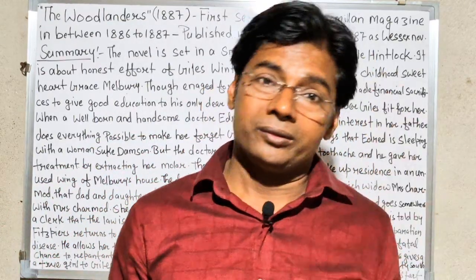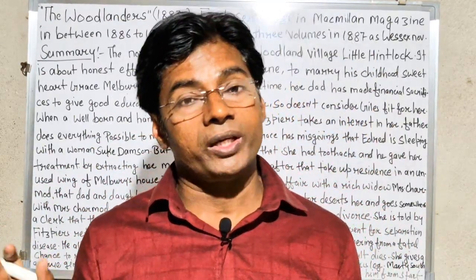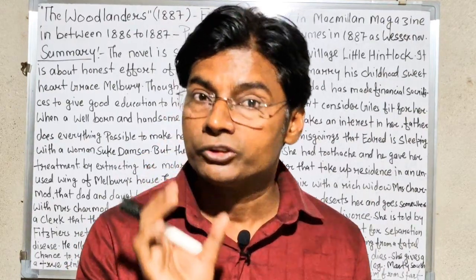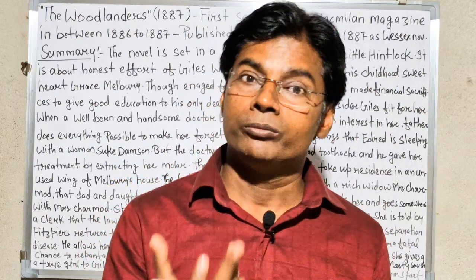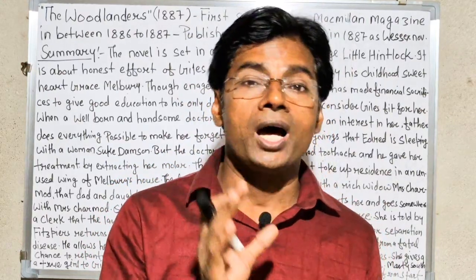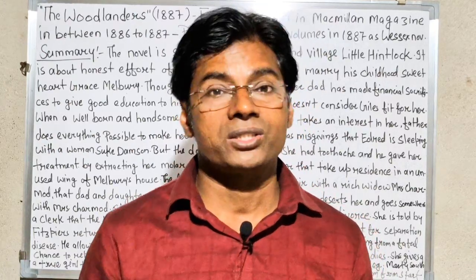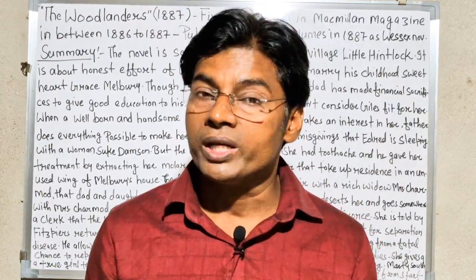Now, when the doctor goes away with Mrs. Charmond, this woman realizes that really, if there was any man who loved her truly and she loved him truly, he was none other than Giles Winterborne. But now she has no way out.